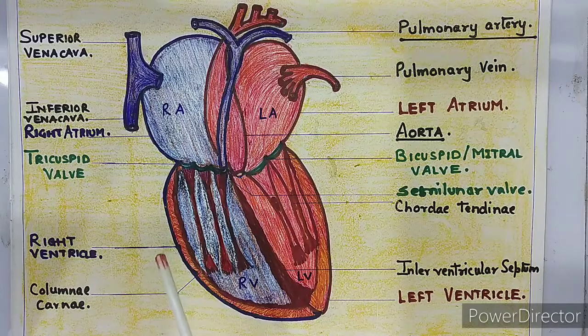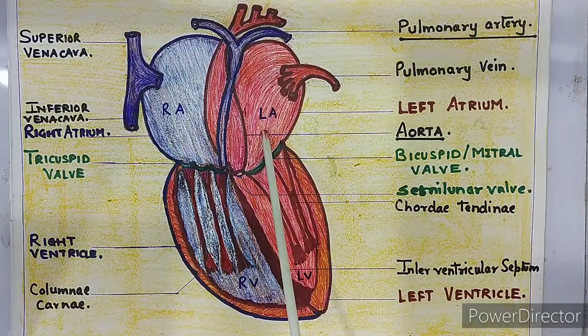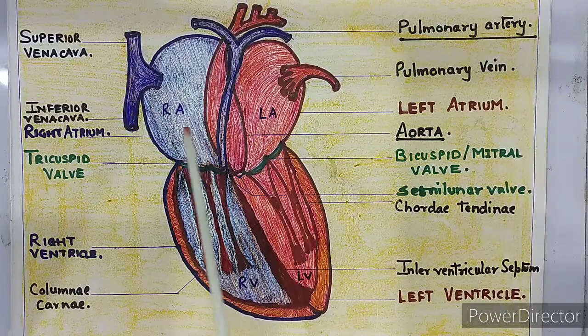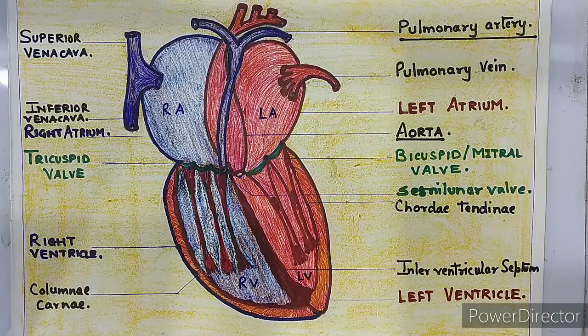Right? I'll repeat. The heart is made up of 4 chambers. Upper 2 chambers are called atria or auricles, and the lower 2 chambers are called ventricles. Children, we have studied in the theory that the atria or auricles are the receiving chambers, whereas the lower ventricles are the propelling chambers.